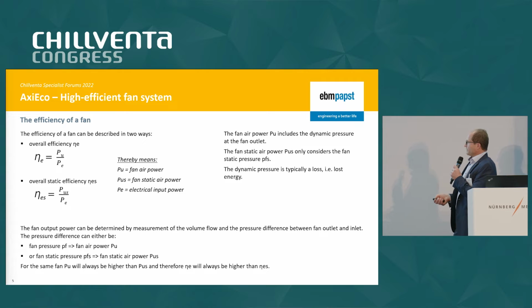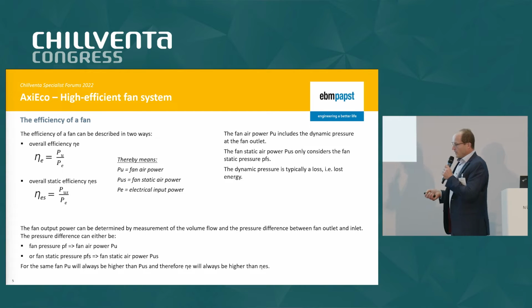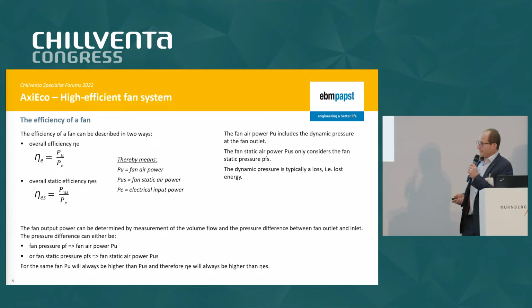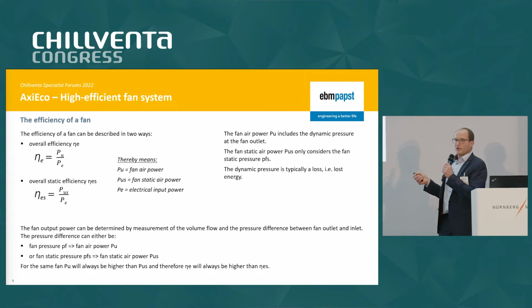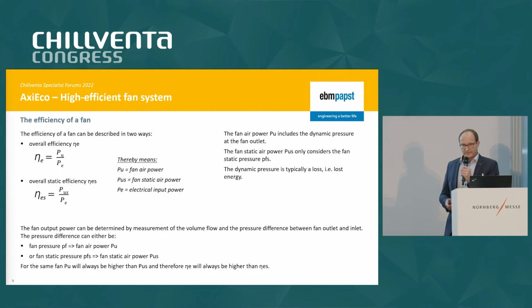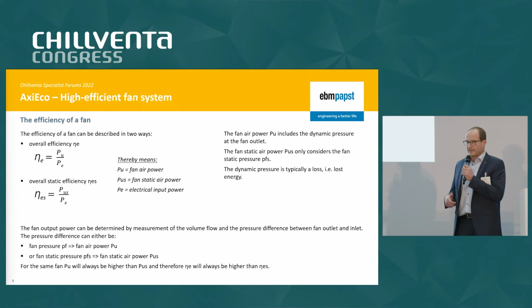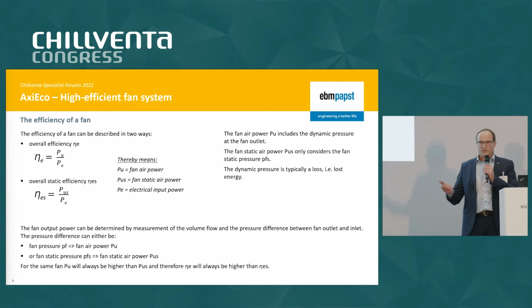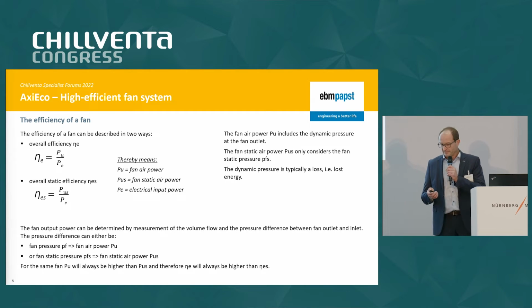And therefore, the static efficiency will always be lower than the total efficiency of a fan. This is important to know, because all the dynamic proportion, the dynamic pressure, dynamic power, is a kind of a loss of a fan, because it cannot be used in a normal application like a condenser, like an evaporator, like a heat pump or whatever. And so dynamic pressure is a loss, meaning lost energy.